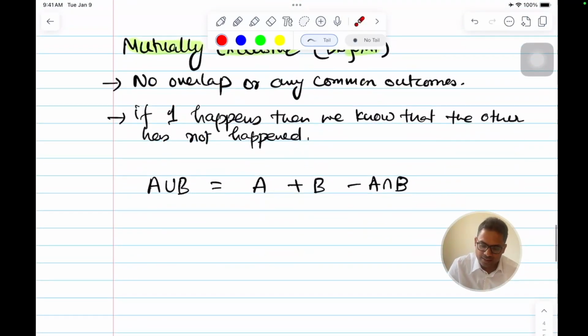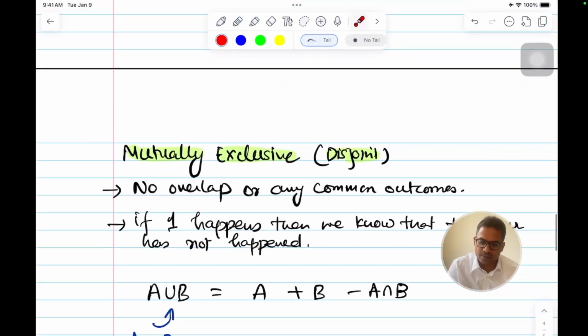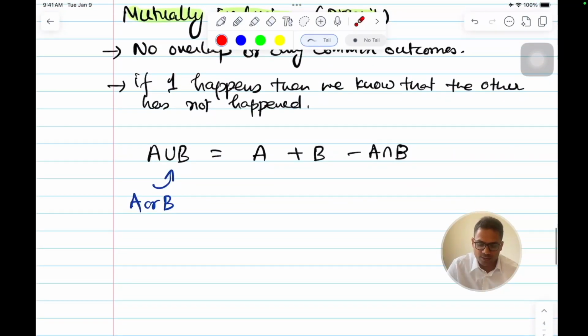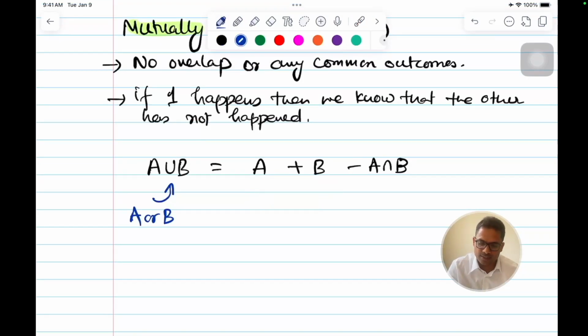A union B means A or B. If I want to find anything that is either in A or in B, that is denoted as A union B, or A or B. That is given by A plus B minus A intersection B, which is read as A and B. That is the overlap part.